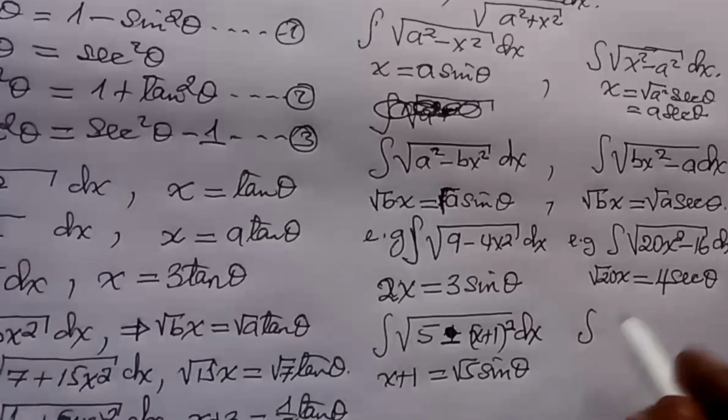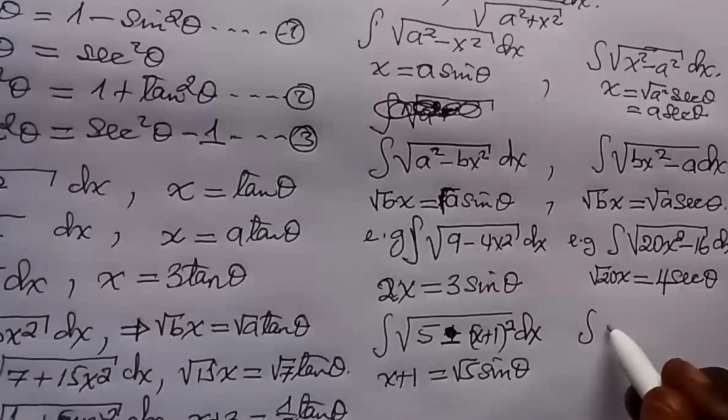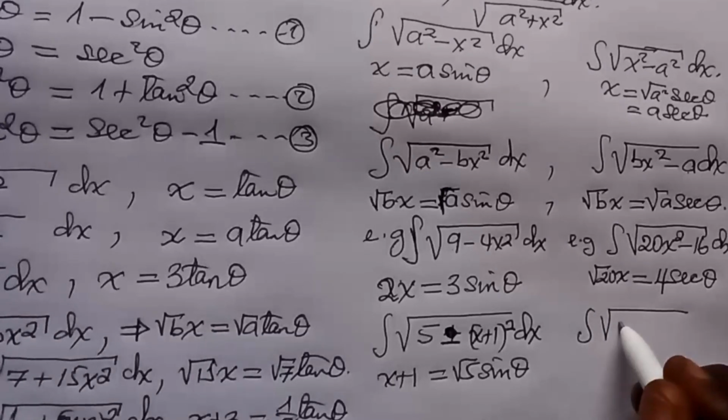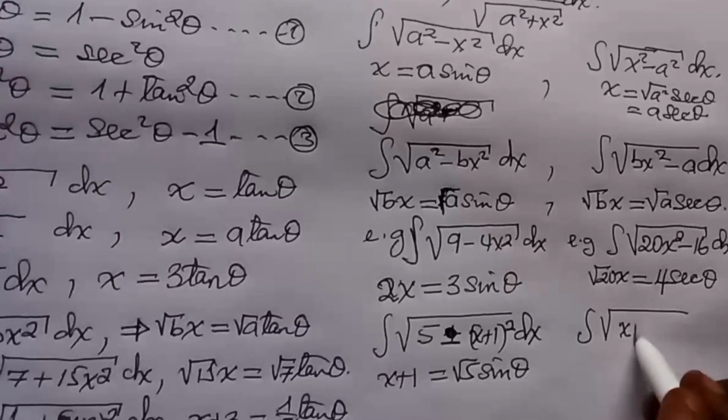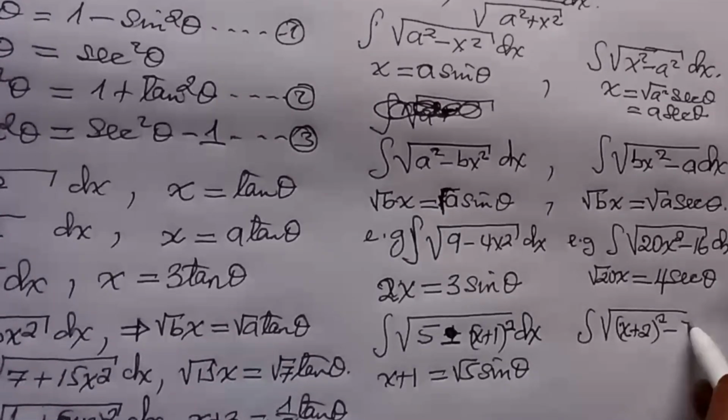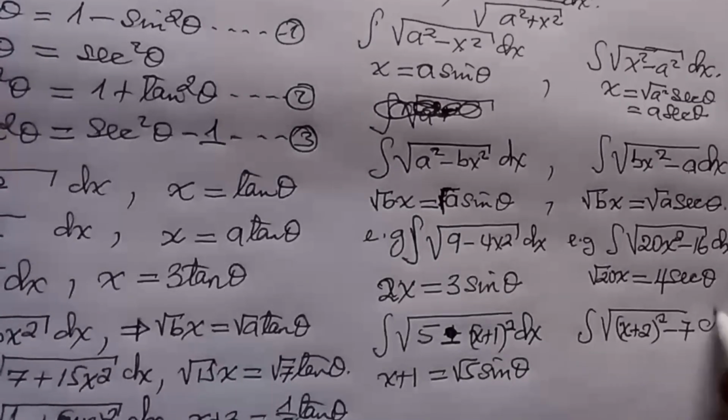Suppose I complete the square at some point and I have the square root of x plus 2 all squared minus 7 dx.